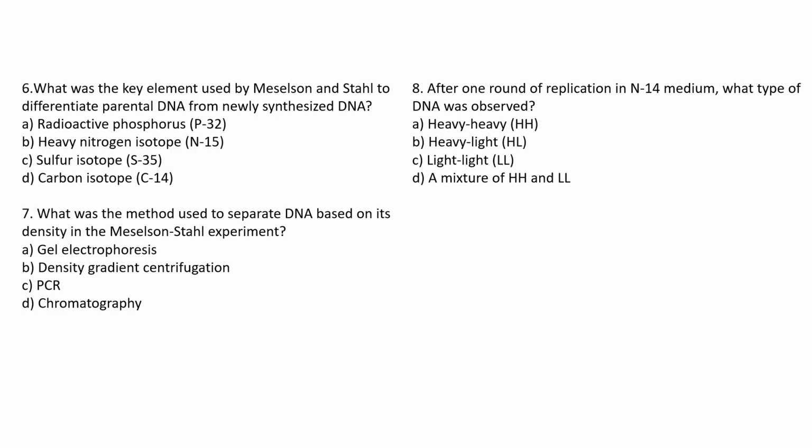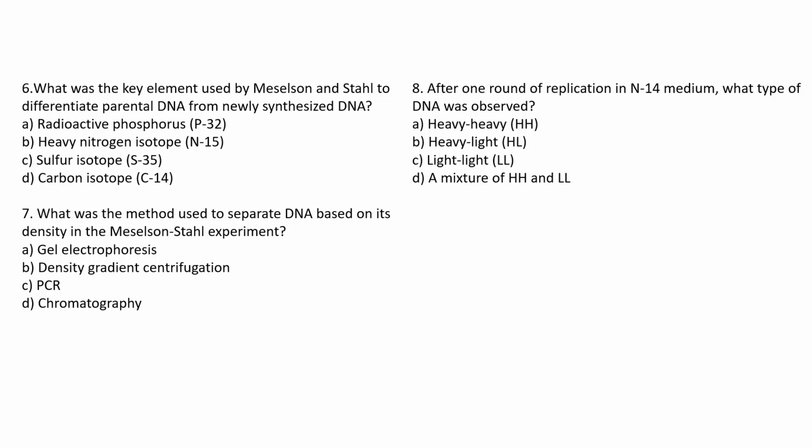Now, after one round of replication in N14 media, what kind of DNA was observed by Meselson and Stahl? Option D. That's correct. Does anyone have any other answer that they thought it might be? Yeah.